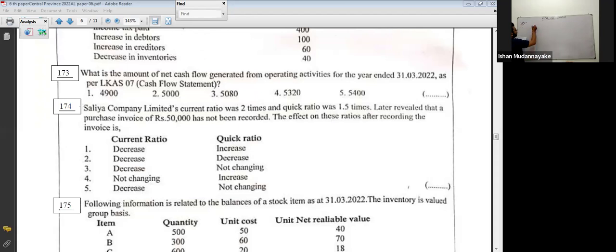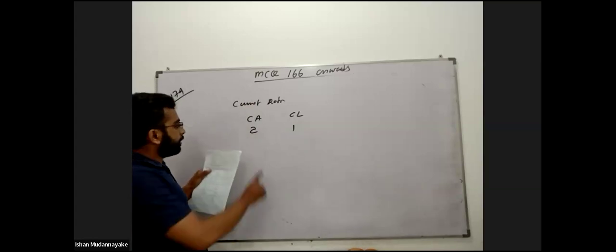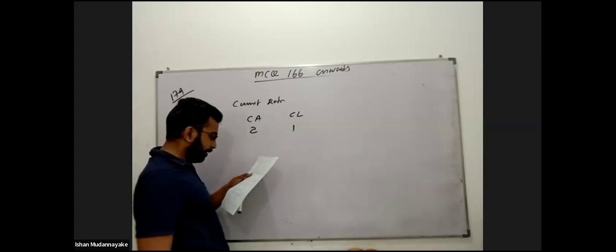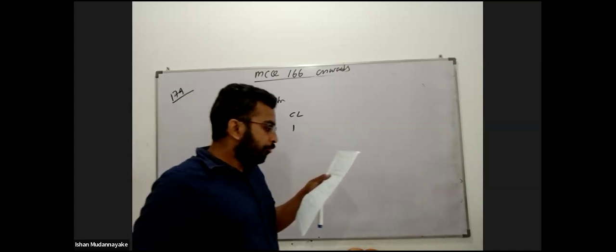Current ratio 2 times. It means if current assets are 2, current liability is 1.